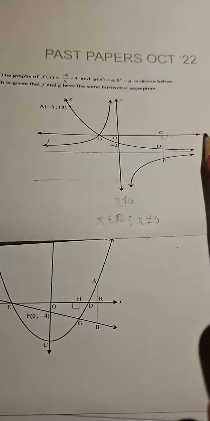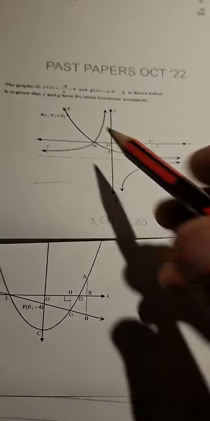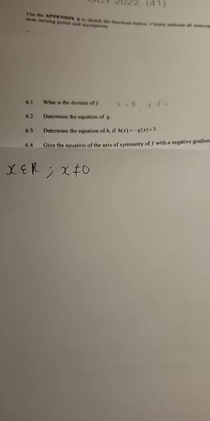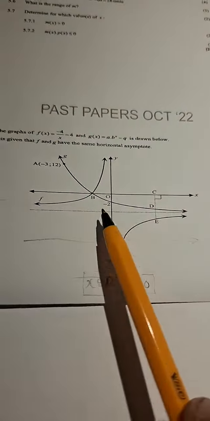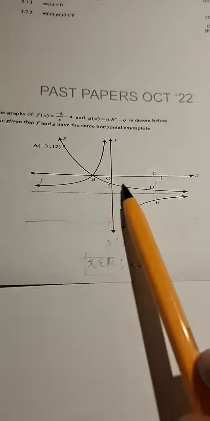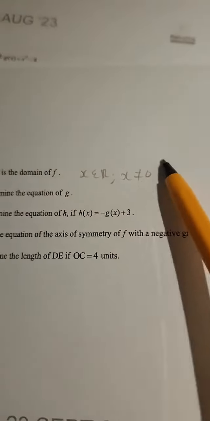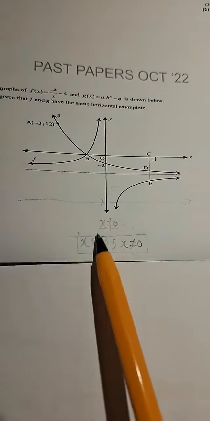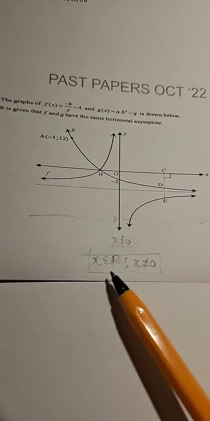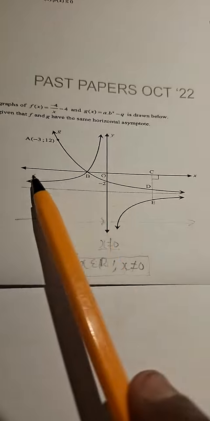This is the horizontal asymptote, and this one is the vertical one, because remember, the y-axis is always the vertical asymptote. Look at the hyperbola: second, fourth. You see, it makes sense. Practically, this is true: when a is less than 0, it is found in the second and the fourth quadrant.